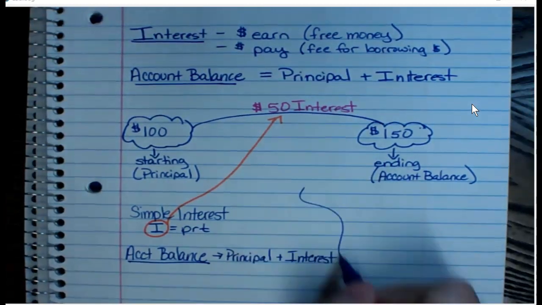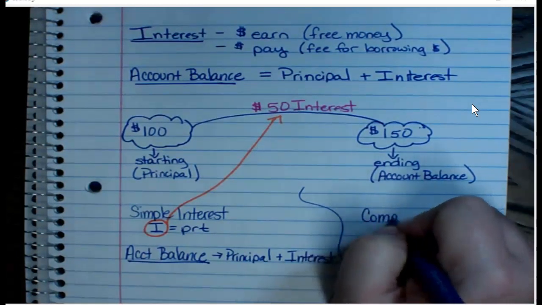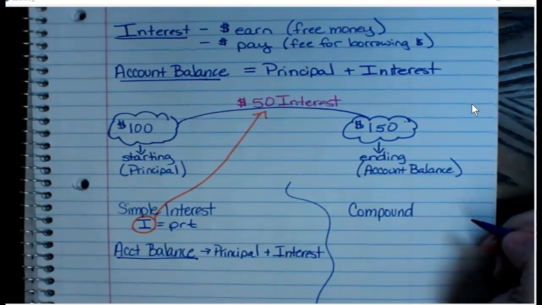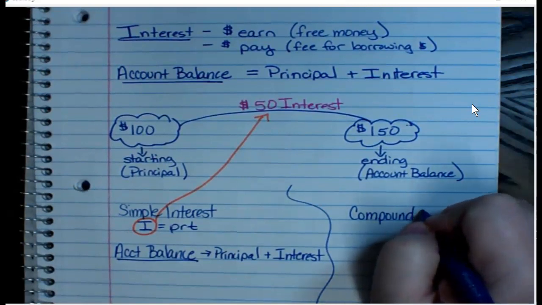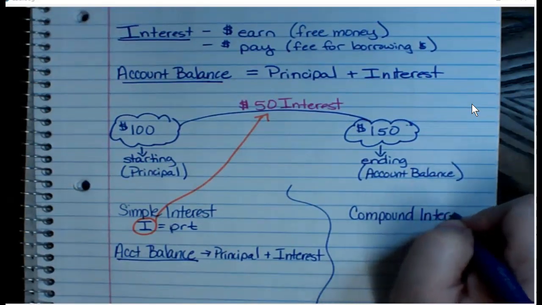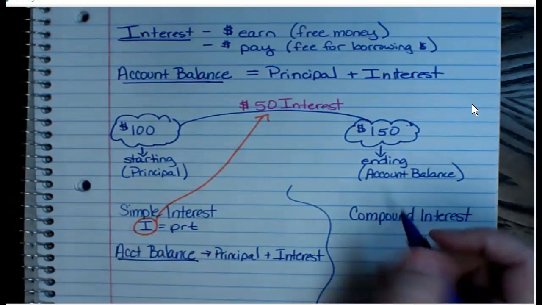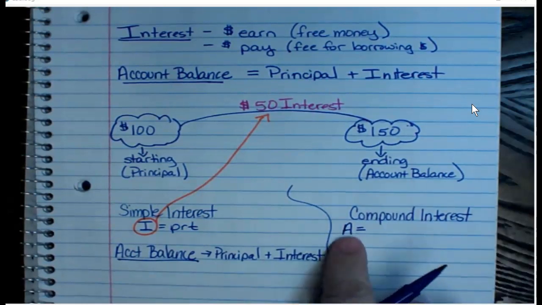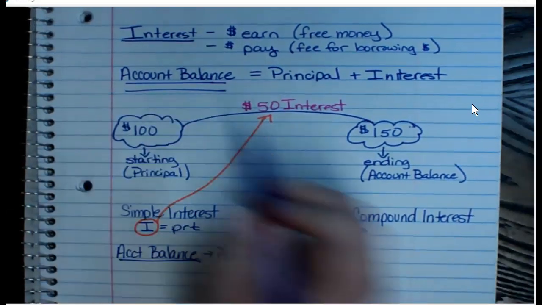We could also have something called a compound interest rate. That's where you're earning interest on top of the interest you've already earned. The principal plus the interest. But the formula is different here. I'm not solving for the letter I. I'm solving for the letter A. The formula solves for the letter A, and we know that A stands for account balance.